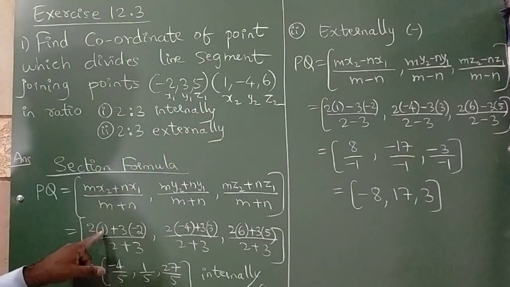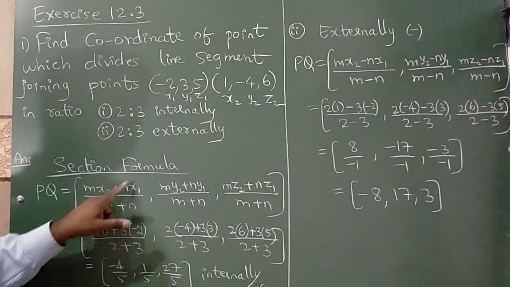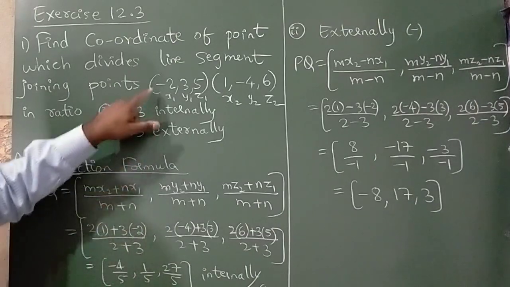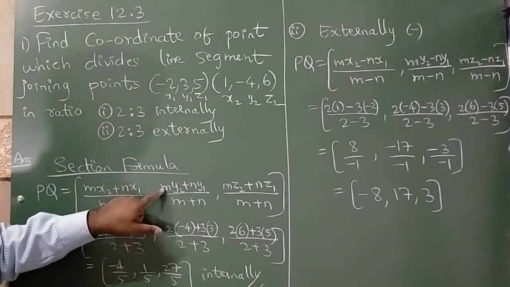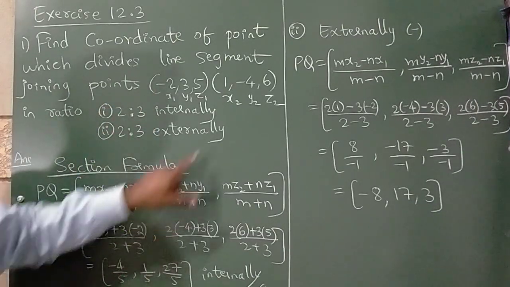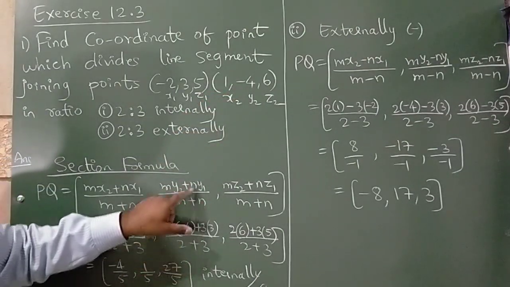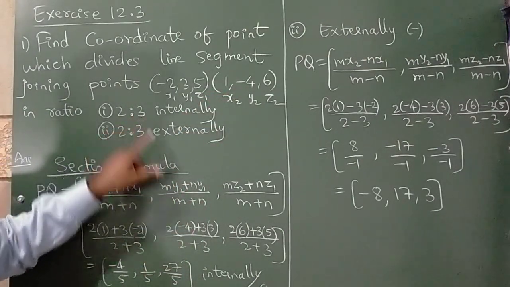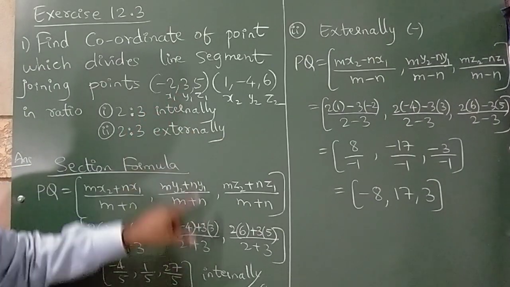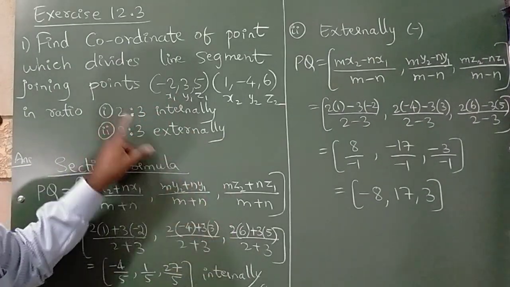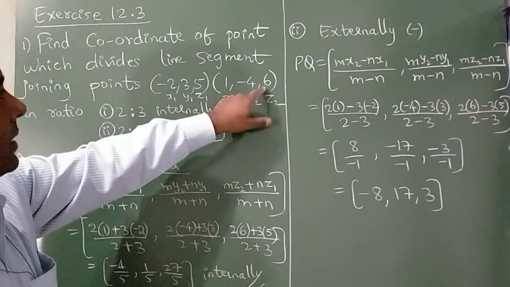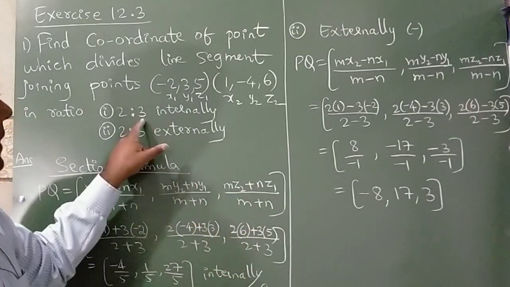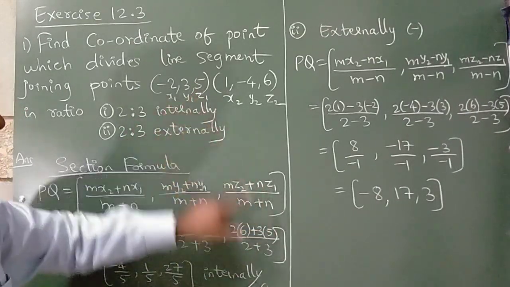Substitute this x2 value as 1, plus 3 is the n, and x1 is minus 2. Fine. m is 2 and y2 is minus 4, plus n is 3 from here and y1 is 3. Fine. m is 2 and z2 is 6, plus n is 3 and z1 is 5.